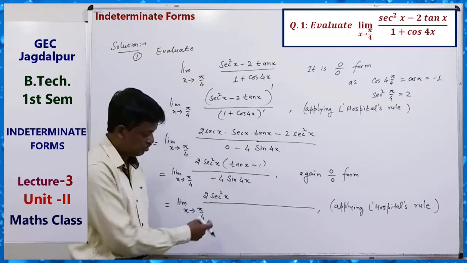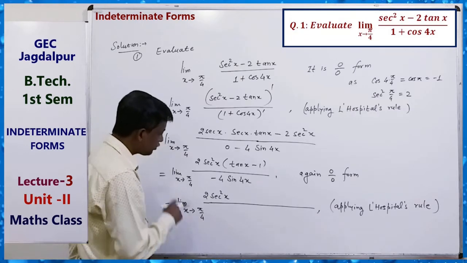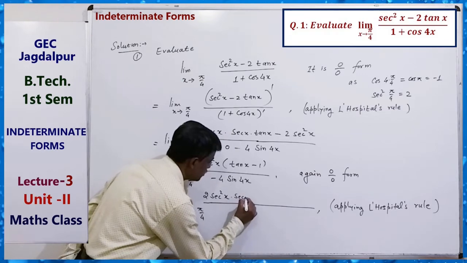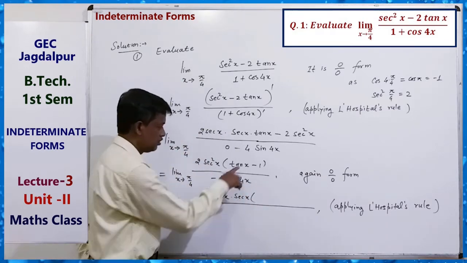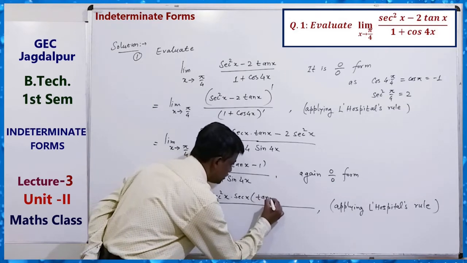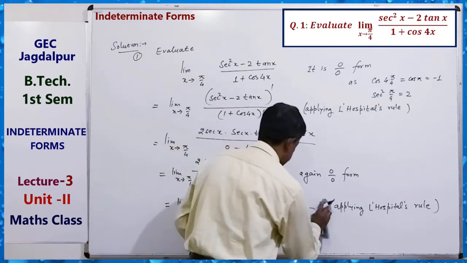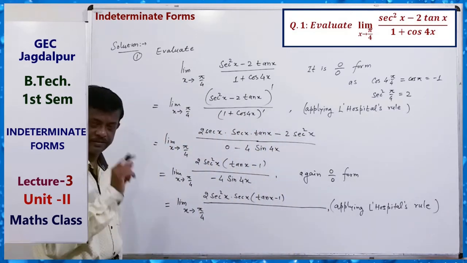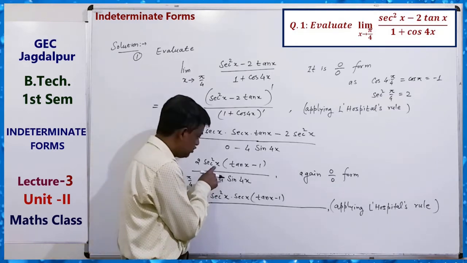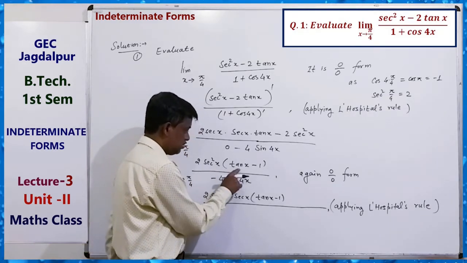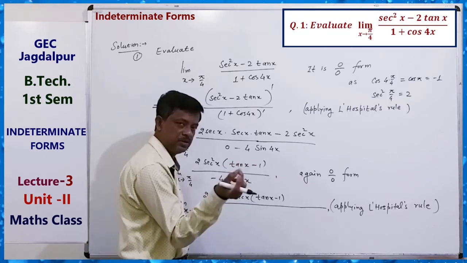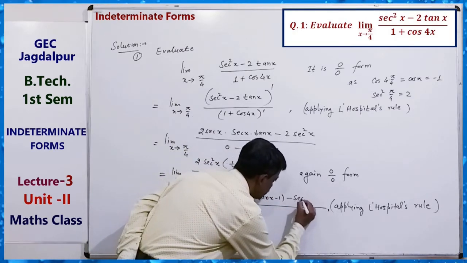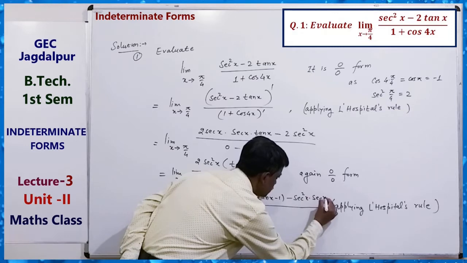So here 2 we will use in the denominator. Differentiation of this 2 sec square x into sec x. Second function tan x minus 1, and second term, this will be as it is, and differentiation of this tan x minus 1 is sec square x, minus sec square x into sec x.